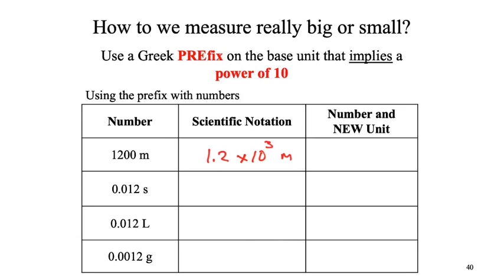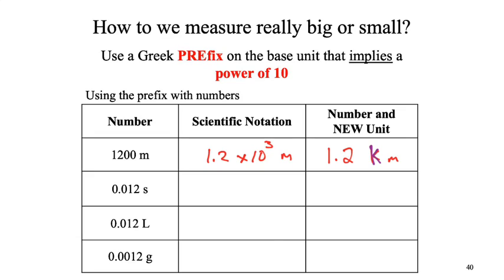Yes, we could talk about shifting decimal points. That was scientific notation. We're not on scientific notation as a slide; we're on the prefix slide. So 10 to the 3rd means kilo, which means that measurement is now 1.2 kilometers.